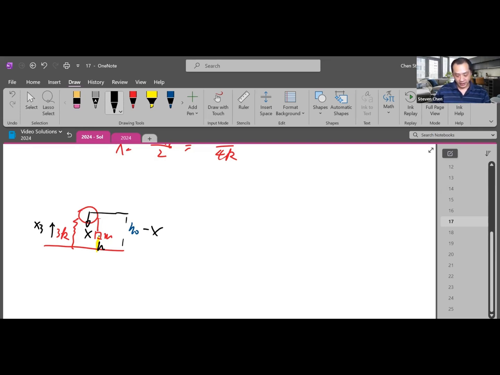Let me compute the total length. On the left, it should be equal to h naught minus x. On the right, it is equal to h naught minus x minus small h that we are going to calculate.